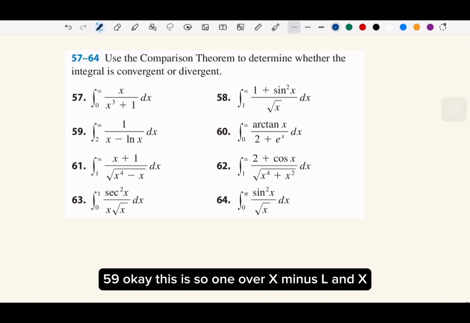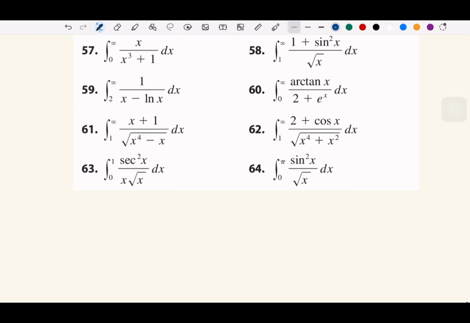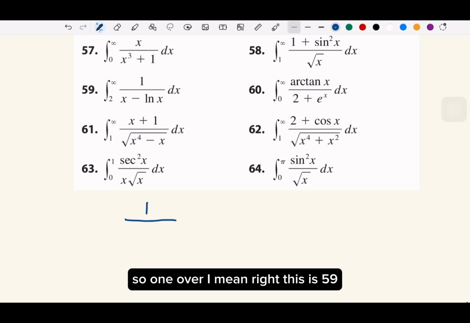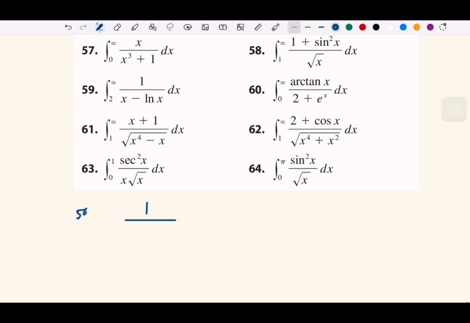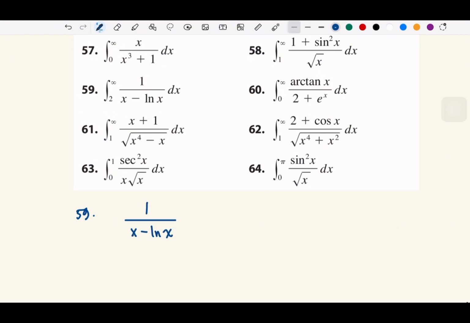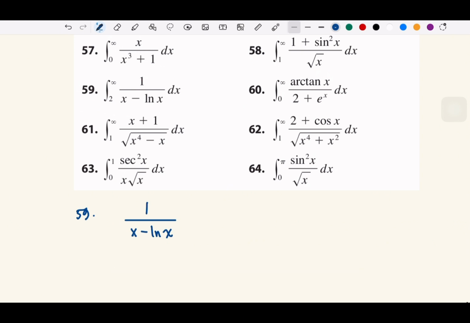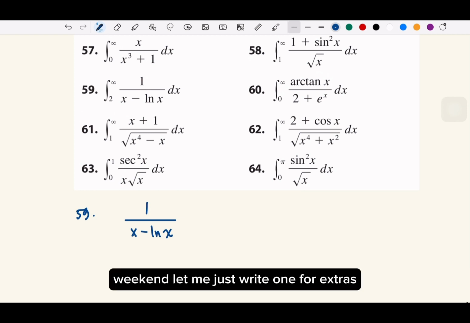So 1 over x minus ln x. But I think, if you think carefully, this is 59. So 1 over x minus ln x. I think we can just use 1 over x, right? Okay, 1 over x. Let me just write 1 over x first.